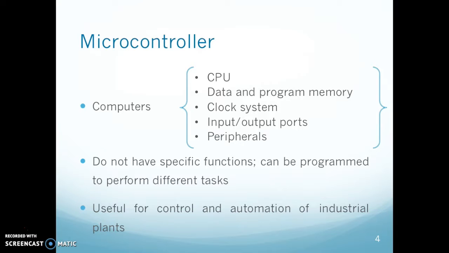As a result, they become extremely useful in automation in general, especially for control and automation of industrial plants, for example. Microcontrollers are often found inside another device to be sold on the market.